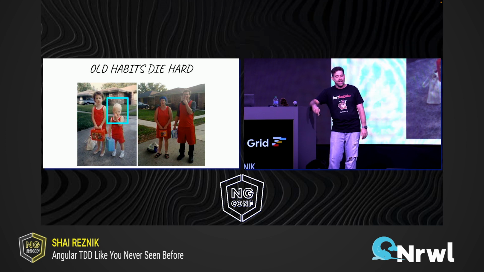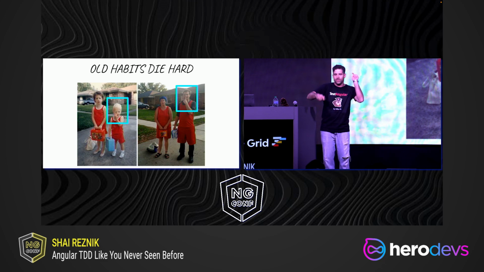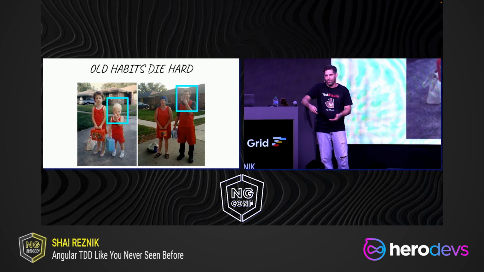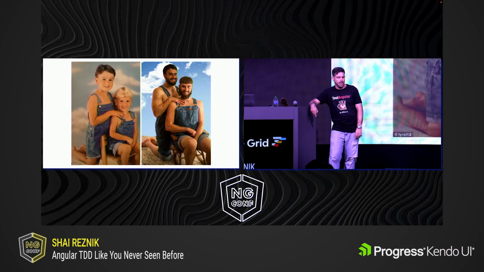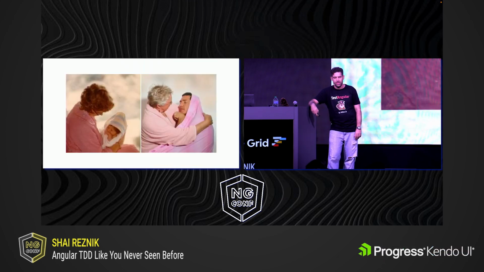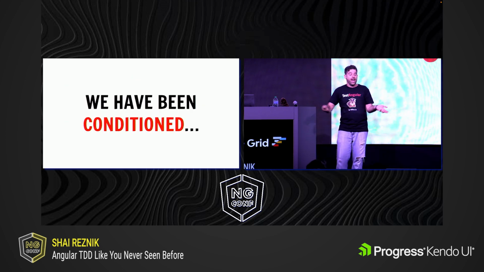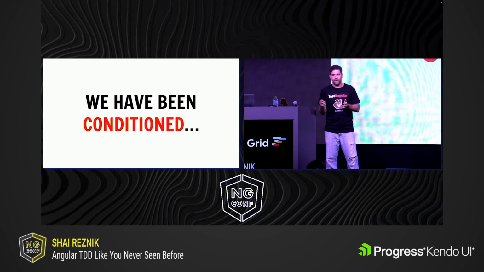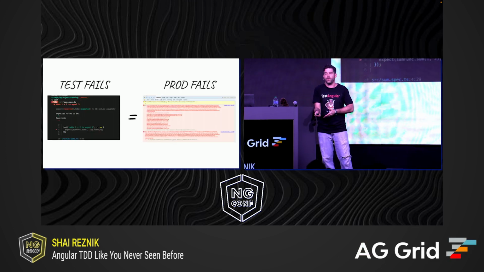And old habits die hard, right? You already are used to testing in the browser, checking, or testing after and such. So we have been conditioned to associate test failures with production failures, okay?